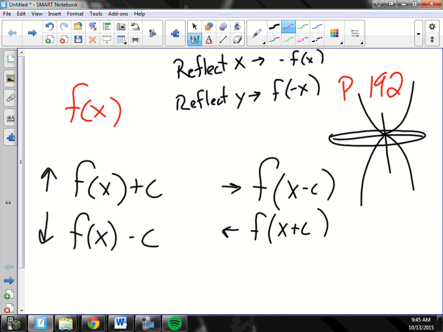And how do you do a vertical stretch? You multiply the outside by some constant, c times f of x, but c has to be a number bigger than 1. So c greater than 1.